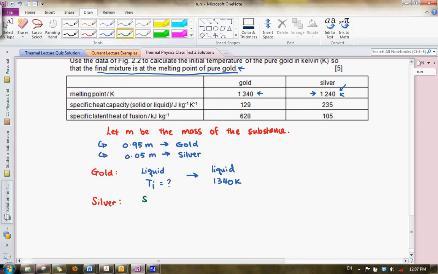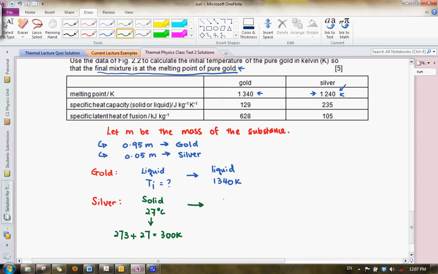For the first change, it starts off as a solid at 27 degrees Celsius. Since we have two types of units here, I'm going to convert my degrees Celsius into Kelvin. Because this is only a whole number, there's no need to add the 0.15, because all the values are at most 3 SF. So let's keep it at 3 SF, and this is 300 Kelvin.